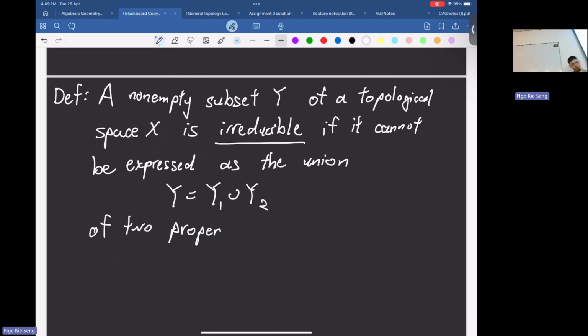You cannot say Y equals Y union Y, which is stupid.